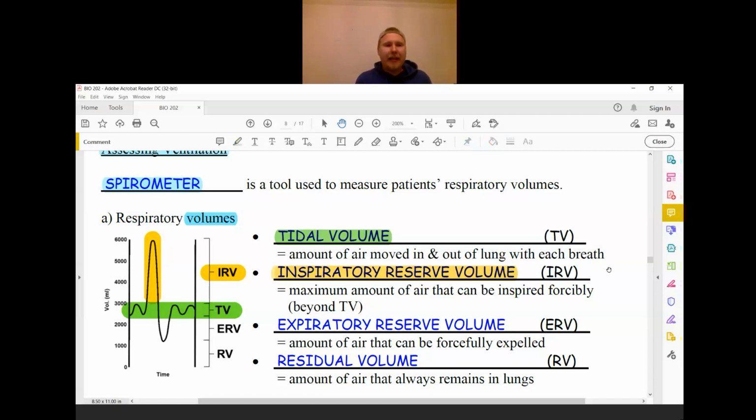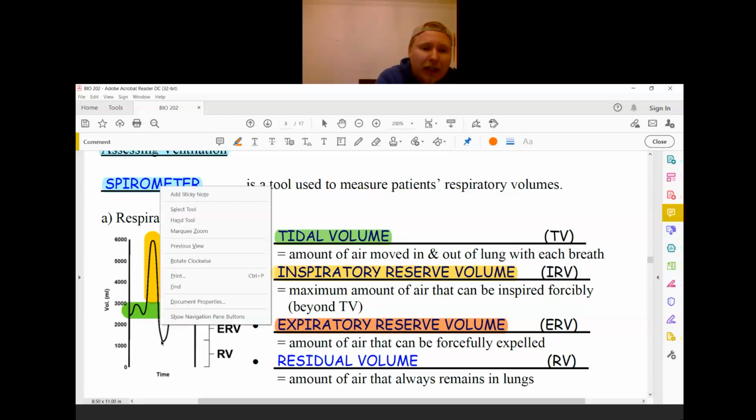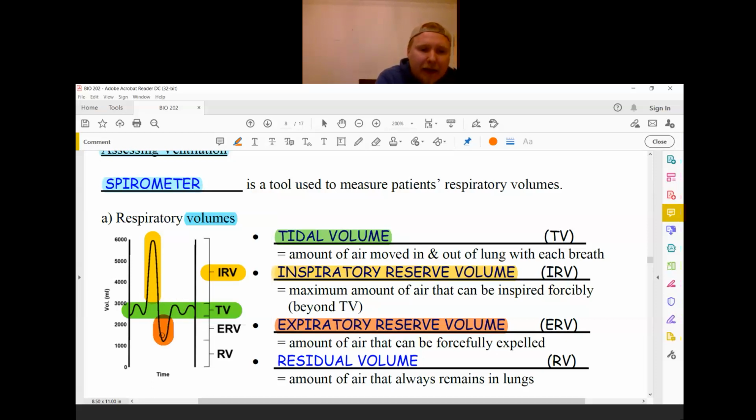After that, the next one that I want to discuss is the ERV, expiratory reserve volume. This is the opposite of what we just saw: the amount of air that can be forcefully expelled with extra effort, going further than the traditional tidal volume.